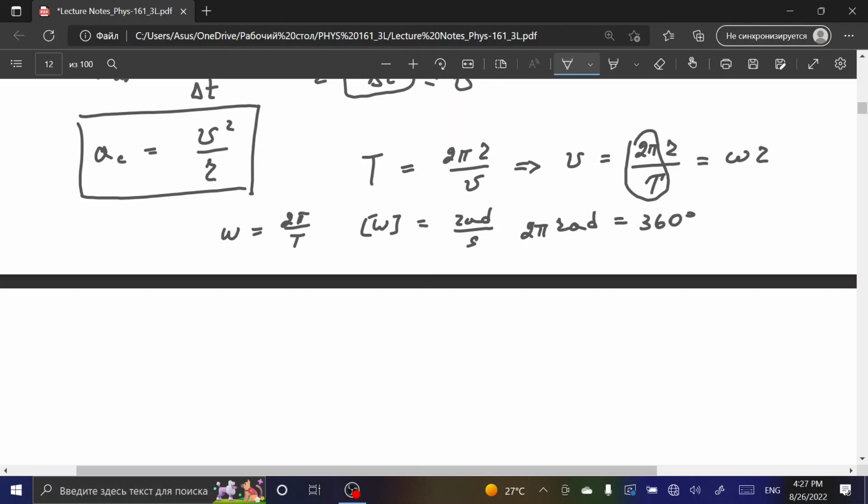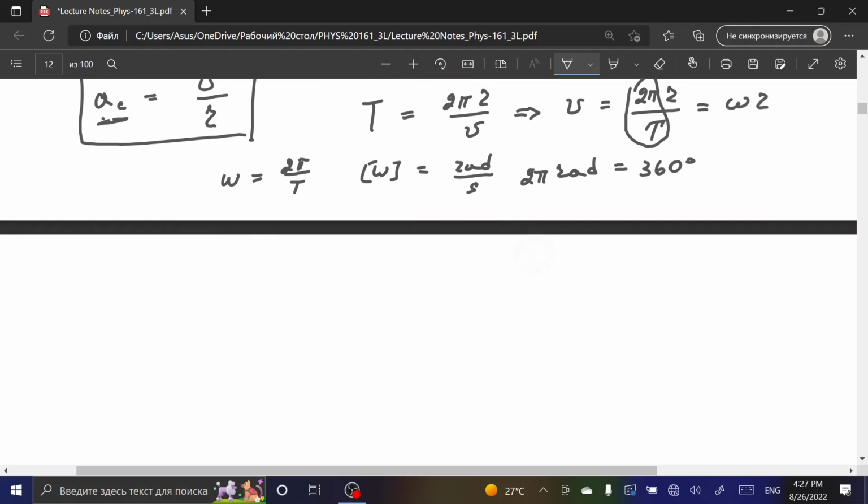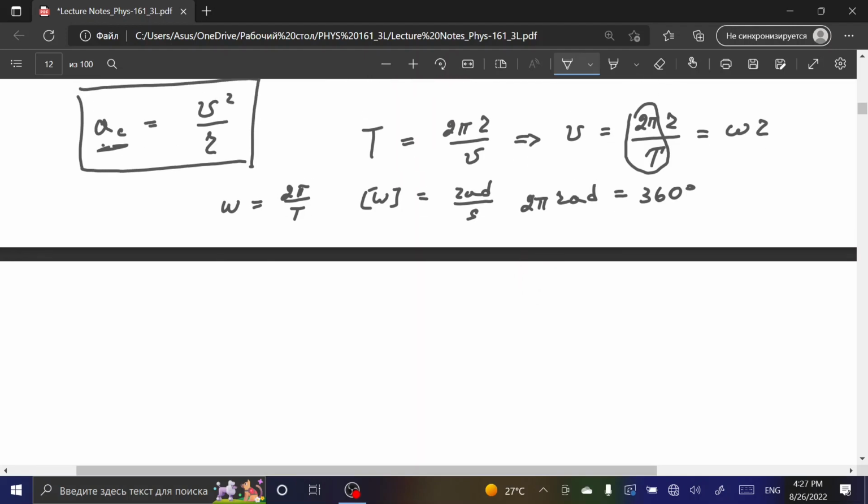Taking this into account, we already have an expression for the magnitude of centripetal acceleration, which is linear velocity squared divided by radius. We can also express it in terms of angular velocity. That will be for centripetal acceleration: omega squared times r squared divided by r, which is equal to omega squared times r.